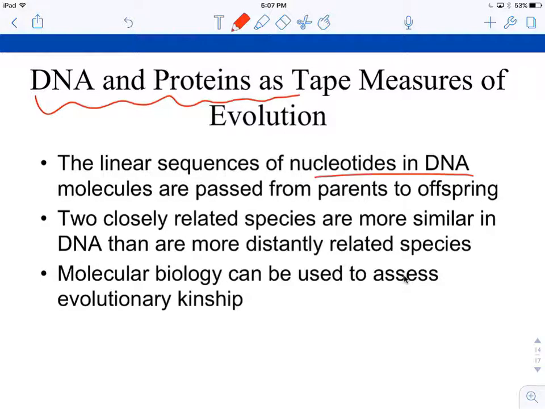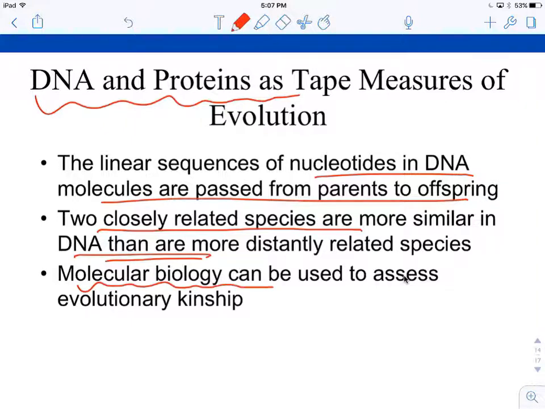Because these sequences are passed on from parents to offspring, as organisms evolve, they continue to share DNA sequences with their ancestors or ancestral species. So two species that are closely related are way more similar in DNA than more distantly related species. Like our DNA is more similar to a chimpanzee than our DNA is to a cucumber. But you can still see similarities.